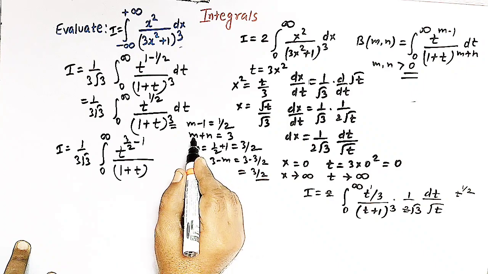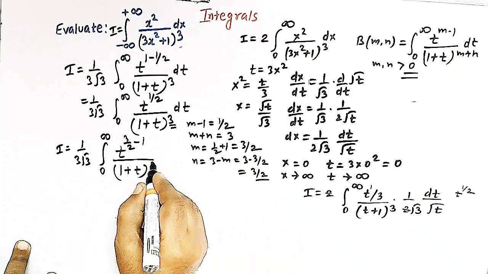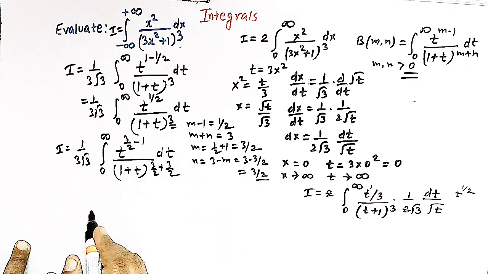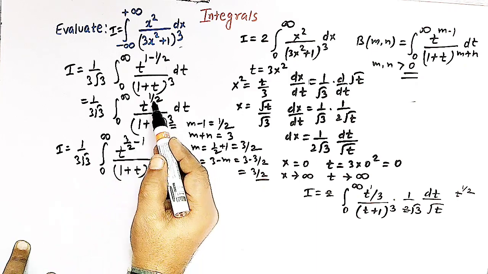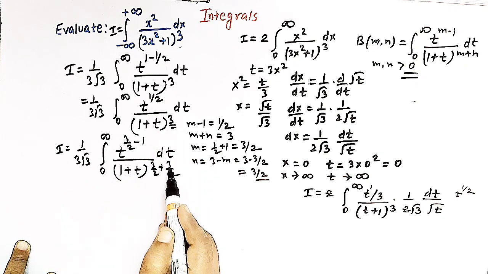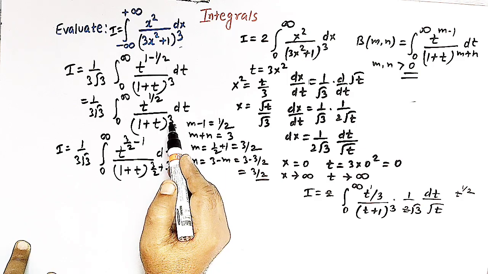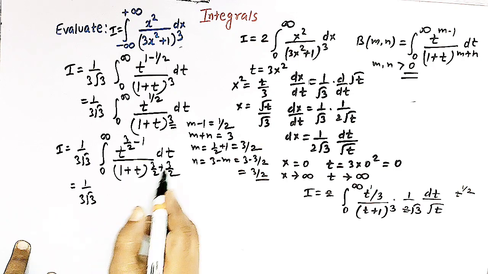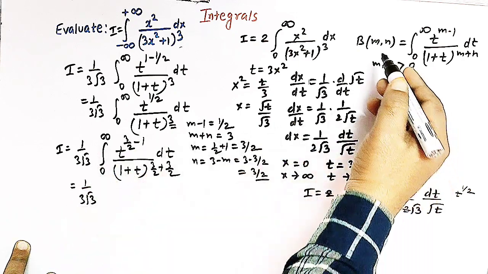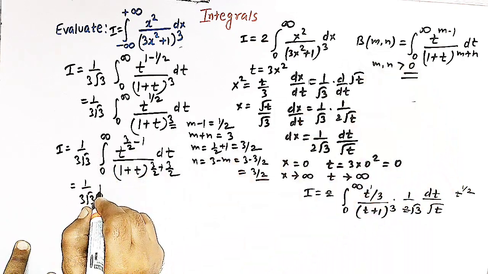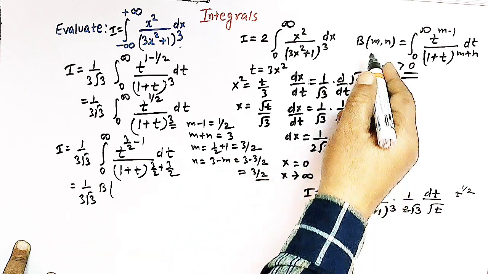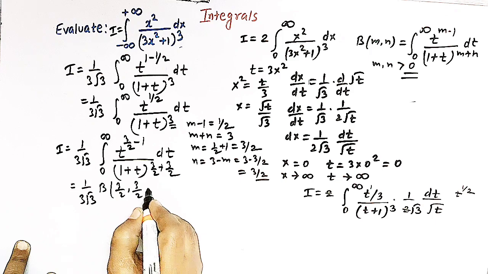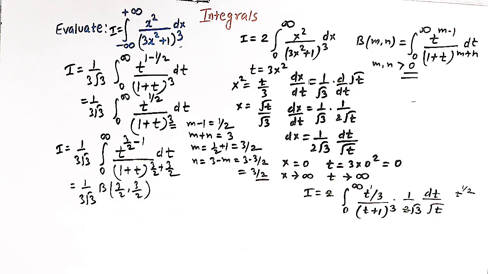So 3 can be replaced by m plus n. M is 3 by 2 and n is 3 by 2, and here we have dt. So 3 by 2 minus 1 is half, and 3 by 2 plus 3 by 2 is equal to 3. So now we have 1 over 3 root 3, and this integral is our beta function. So we can write beta m comma n, and m is 3 by 2 and n is also 3 by 2.